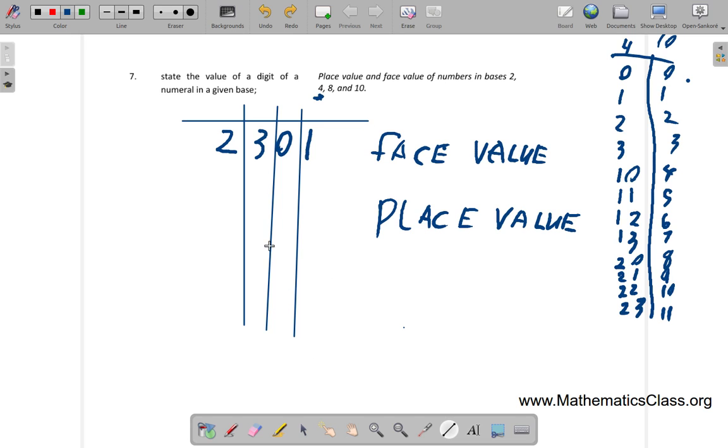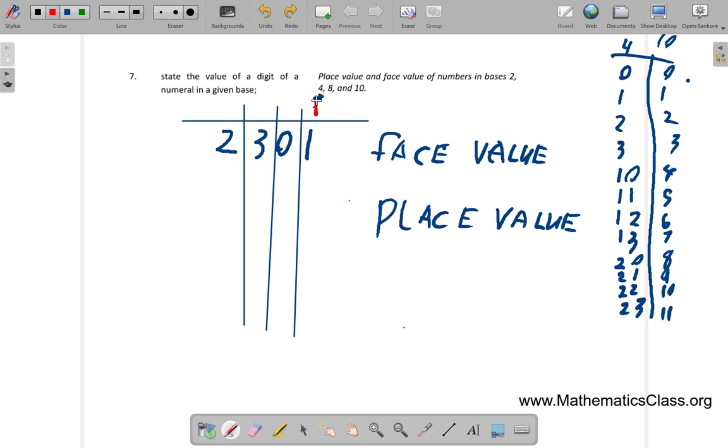Let's put in a table. Now if this were a base 10 number, what you would have is one unit, which is 1.